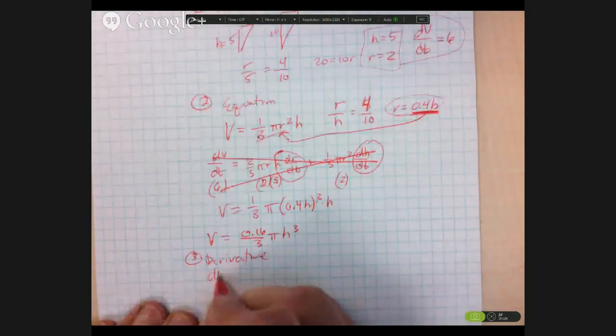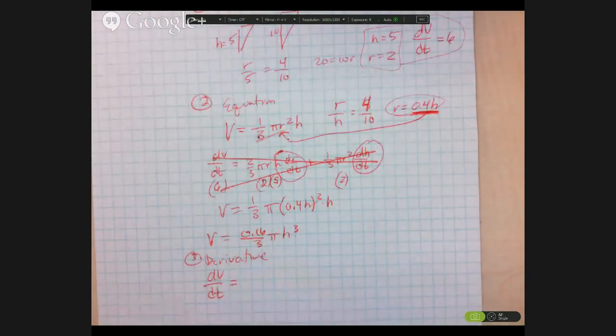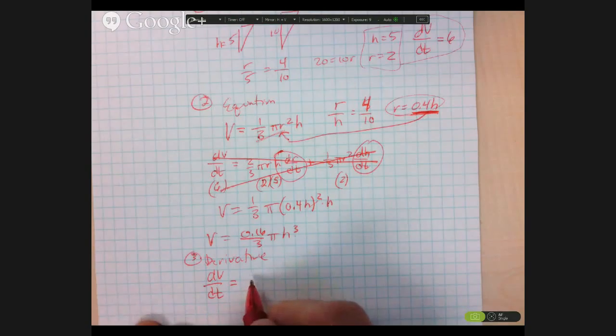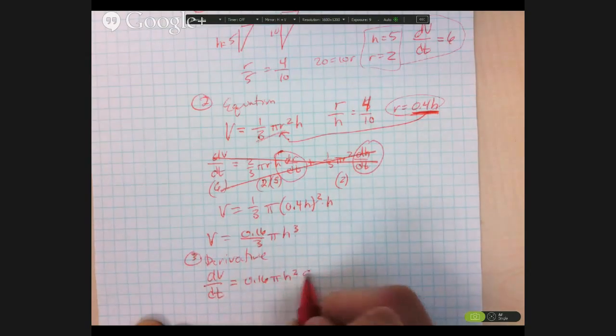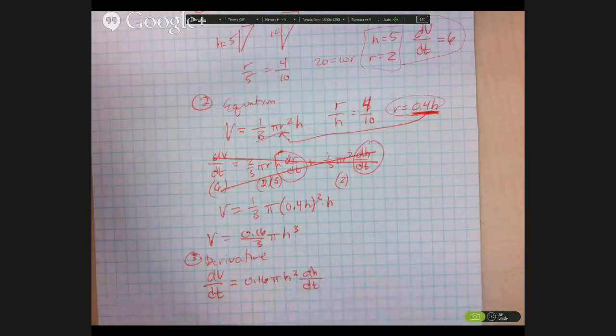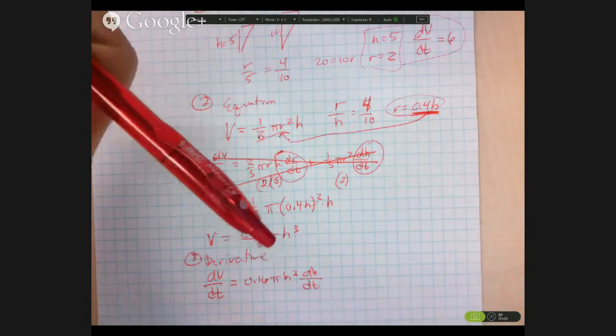You're close. The derivative of H cubed is 3H squared.